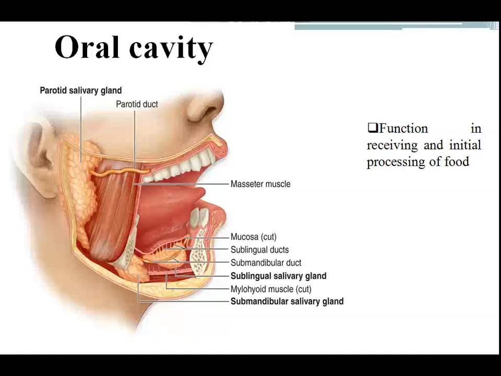So the oral cavity is the initial part of the alimentary canal, and its function is the receiving and initial processing of food, and so we will cover all of the components of the oral cavity.